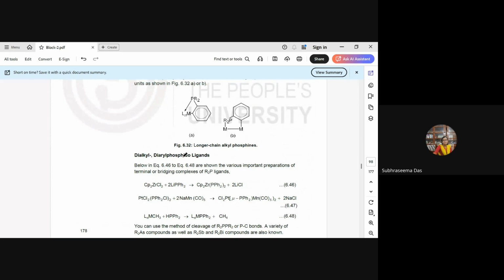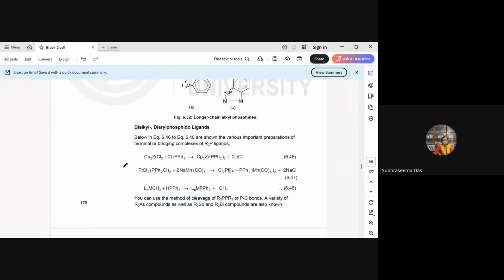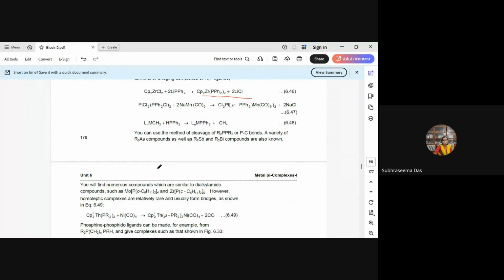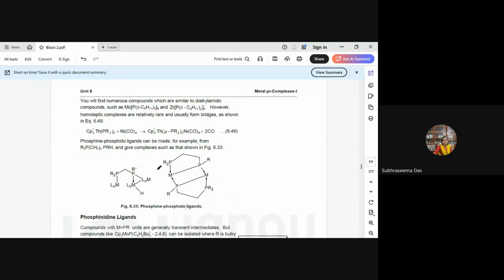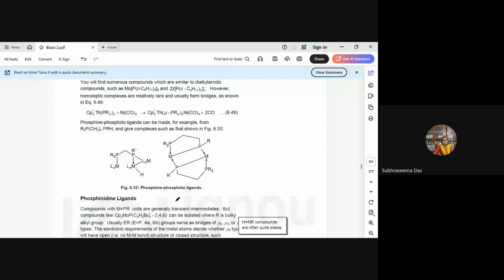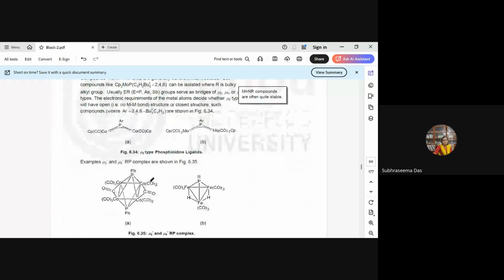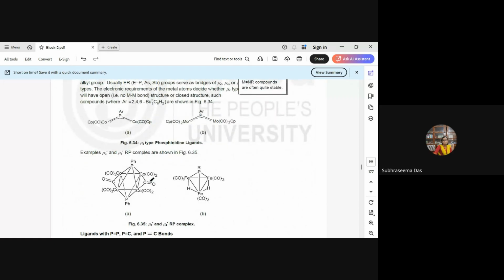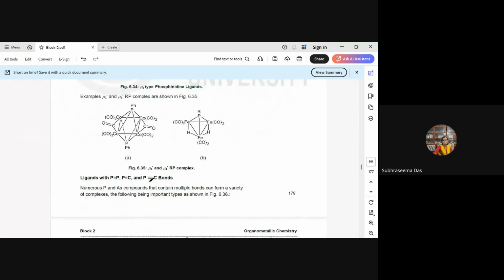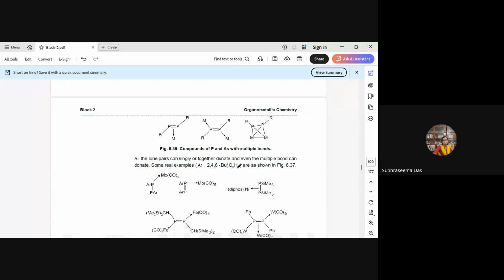Then dialkyl and diaryl phosphido ligands. Some of the bridging ligands are PR2. They can be prepared using zirconium salts, platinum salts. So we have different types of phosphido ligands, phosphinidene ligands. We can see the phosphine ligands and phosphine chemistry extend to a wide range.